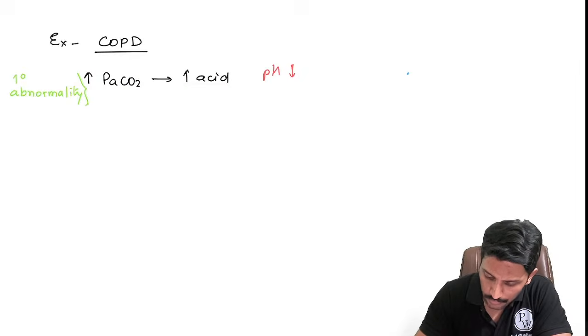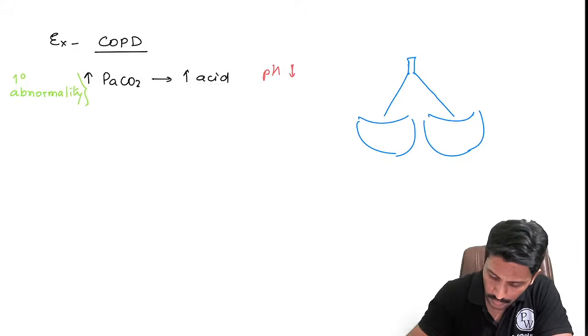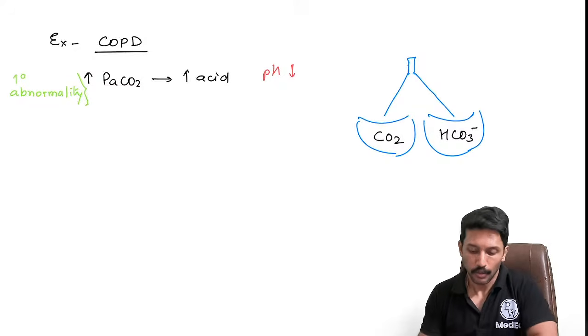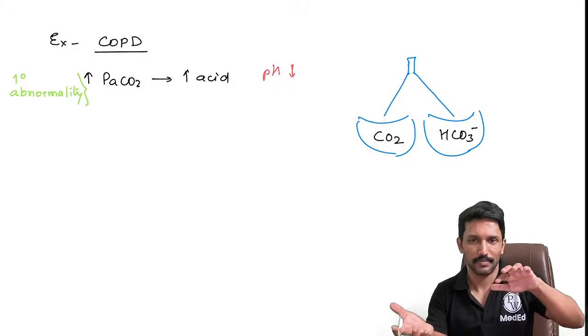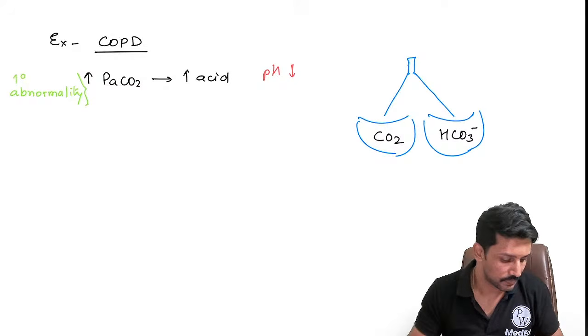Imagine that we have one weighing scale in which on one side we have carbon dioxide and the other side we have HCO3 minus. So if carbon dioxide increases, the scale is tilted on this side, right? So if I remove the bicarbonate on the other side, what will happen? The scale will be more tilted towards the acid.